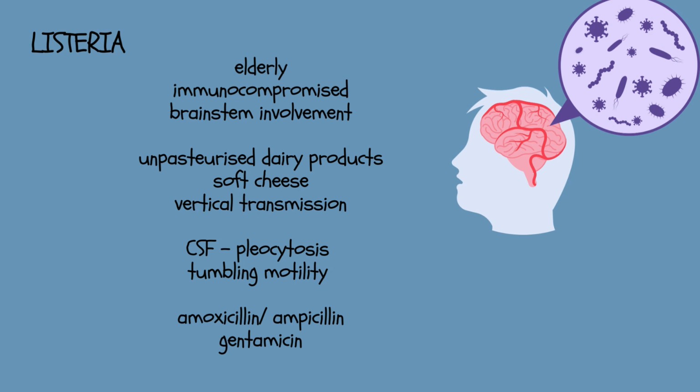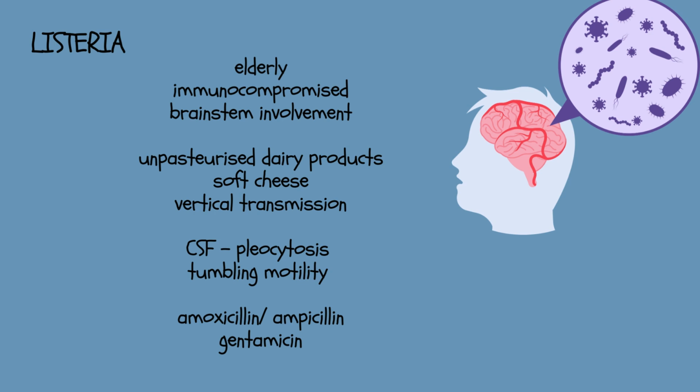They usually spread through unpasteurized dairy products and soft cheese, and there can be vertical transmission from mother to child that can cause neonatal meningitis. In the CSF we see pleocytosis, and the organisms show a characteristic tumbling motility. The treatment of choice is amoxicillin or ampicillin, or we can give gentamicin.